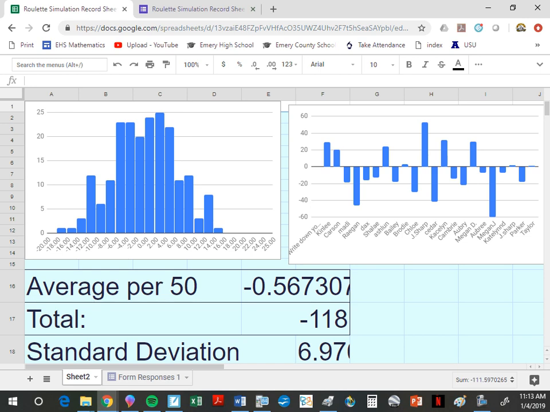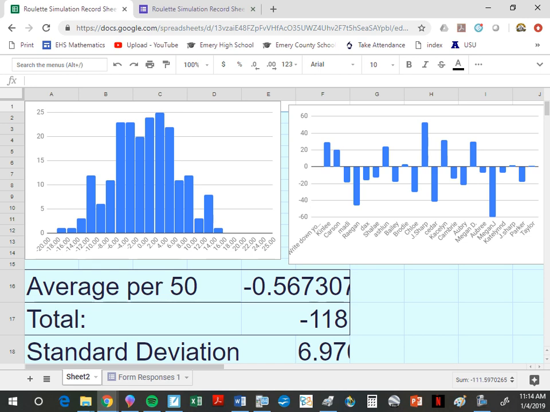So my purpose on this assignment was to show you that gambling is simply not worth it. Now, if we look at the people, most of the people lost money. Poor Megan lost $60 something. Megan lost $60, but Josh won $57. Okay? But overall, most people lost money.